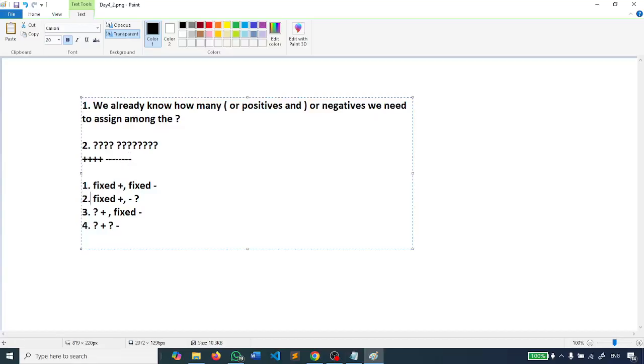So definitely it benefits all the fixed positives, even the ones for which the negatives are behind, because we always want that for a fixed positive, the negative should come after it. Similarly, the converse case is also true. For a fixed negative, having the positives as far left as possible is a good thing, because that will allow more and more negatives to pair up with the positives, right?